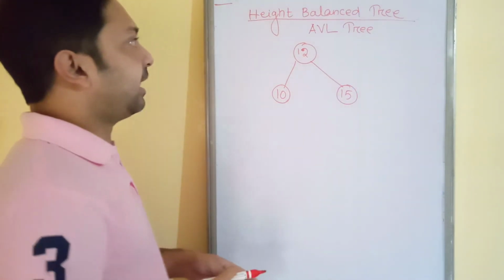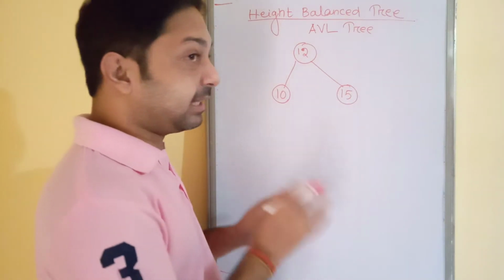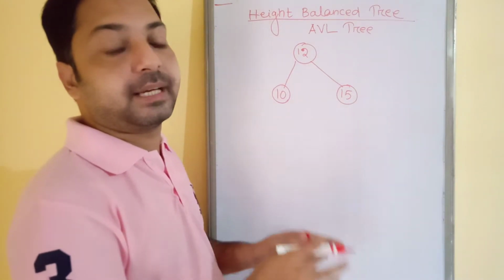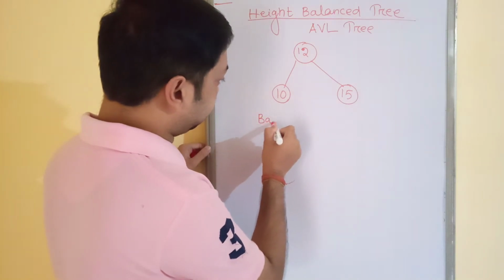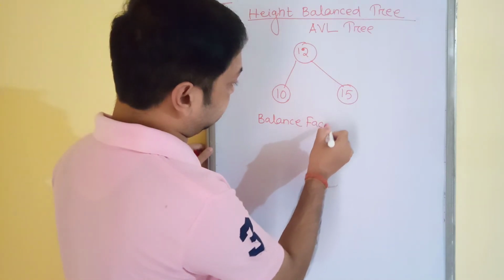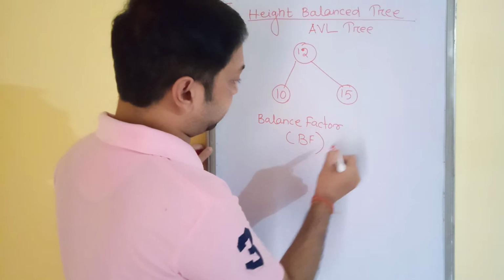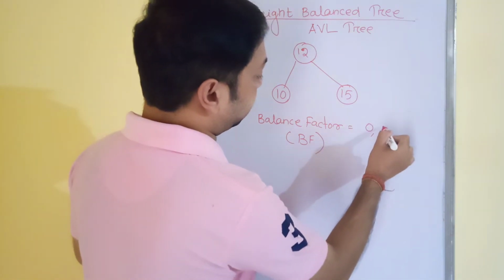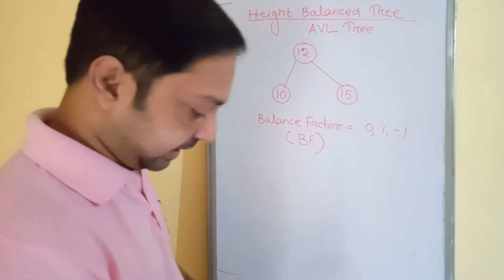The height of a tree is balanced if all the nodes have a balance factor, you can just see, balance factor, that is BF. The balance factor must be either 0, 1 or minus 1.